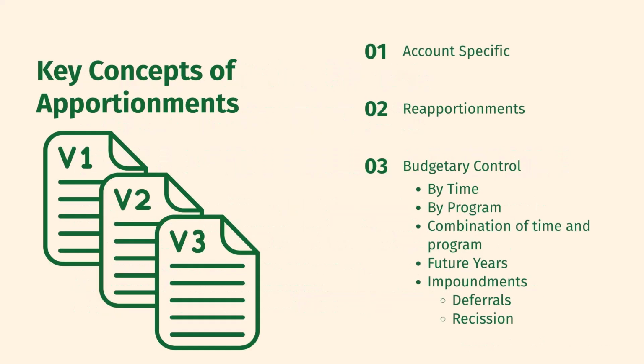So, some key concepts before we begin. First, apportionments and SF-132s are specific to what we call an account, essentially a specific pot of money that Congress has appropriated for a particular purpose. These accounts are organized by agency, bureau, and program.